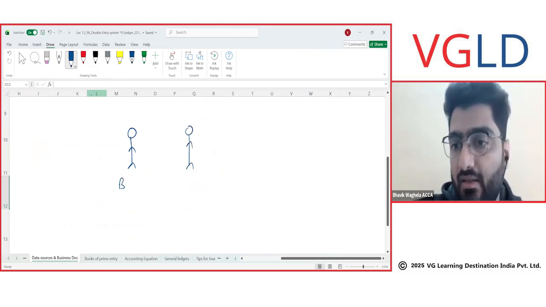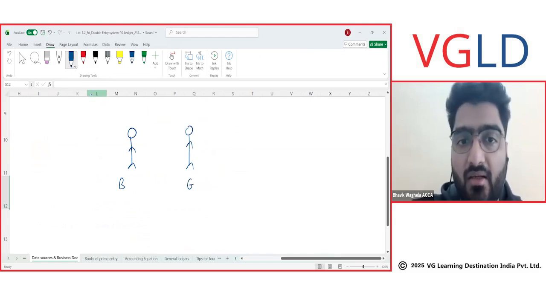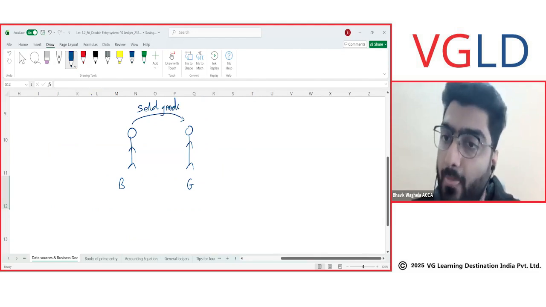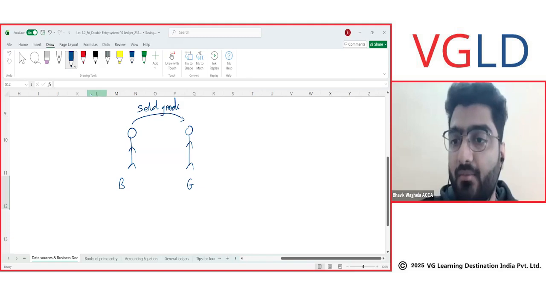Let us say Bhavik and Gurkirat. Now, Bhavik had sold goods on credit, obviously. So what entry will Bhavik record?